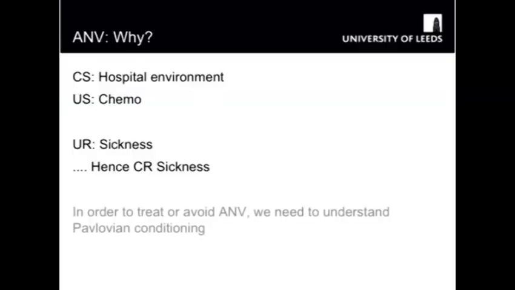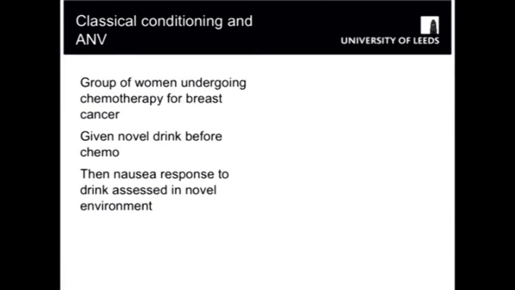In order to treat anticipatory nausea and vomiting, then, we need to have a good understanding of Pavlovian conditioning. Here we have an experiment which looks at anticipatory nausea and vomiting and the role of classical conditioning. In this experiment, women who were undergoing chemotherapy for breast cancer were given a novel drink before the chemotherapy.